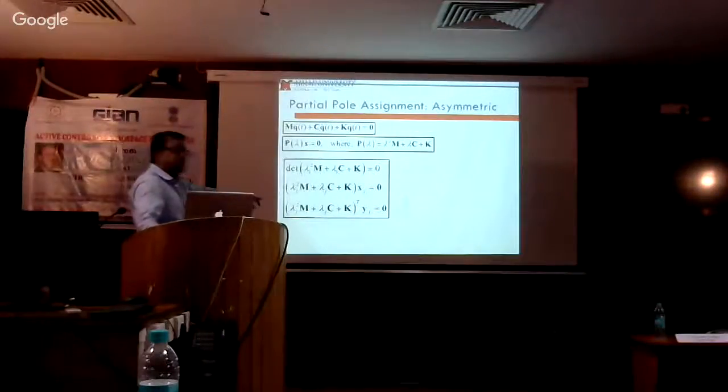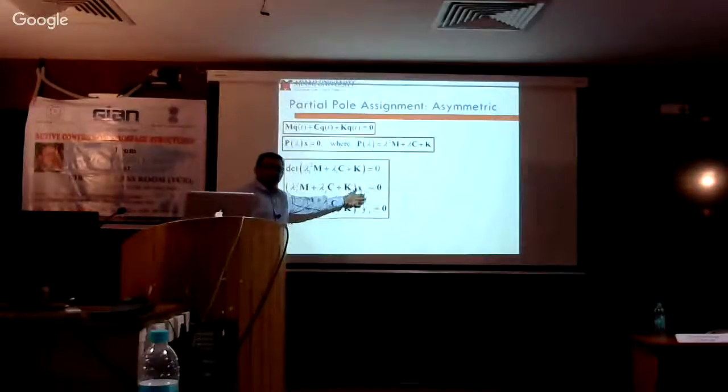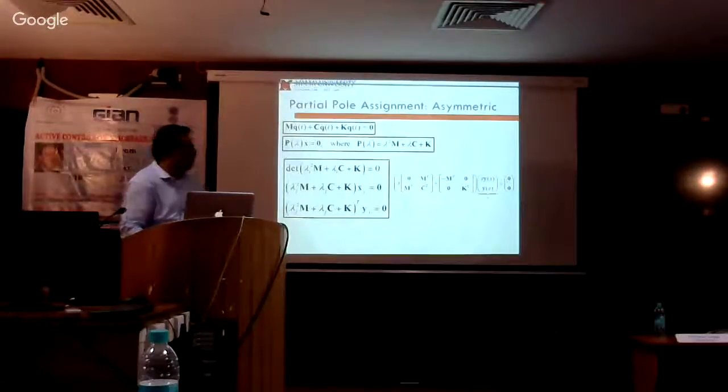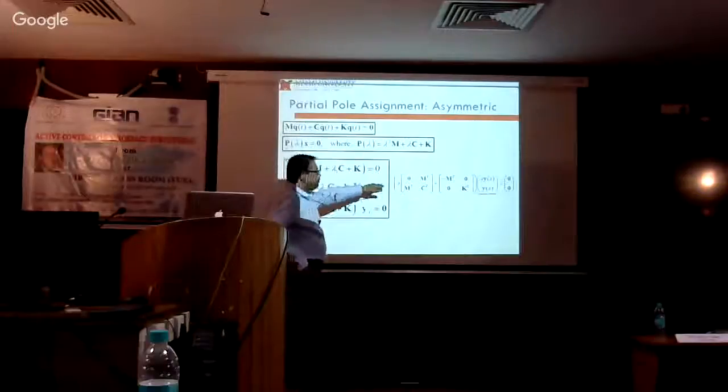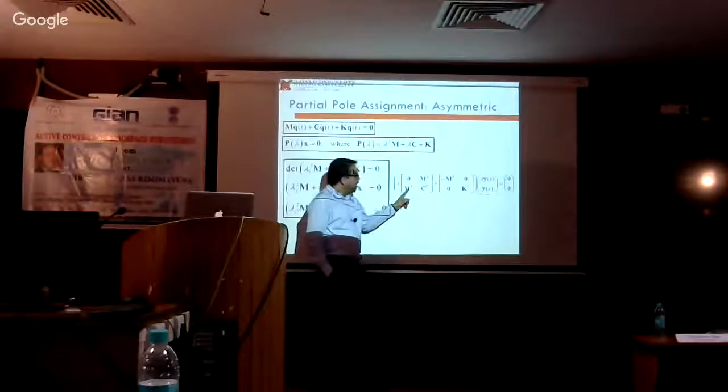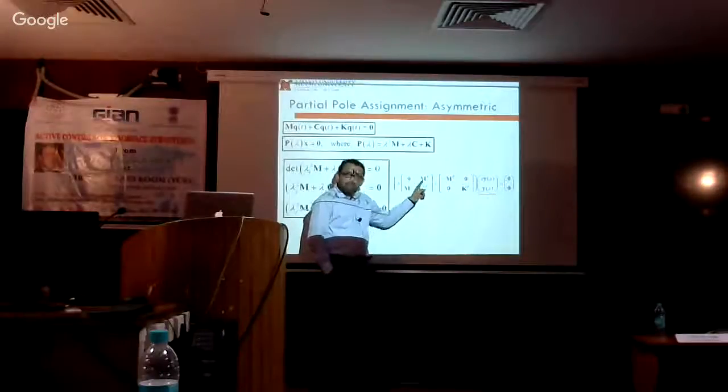Whenever you are calculating the left eigenvector, you can take a transpose of the matrices and find the right eigenvector of that transpose of the matrix, which is the left eigenvector. If you are doing it in MATLAB, I am just showing you, you can write any kind of state space form. So I wrote one of the form, symmetric form. Instead of M, C, and K, I am using M transpose, C transpose, and K transpose.